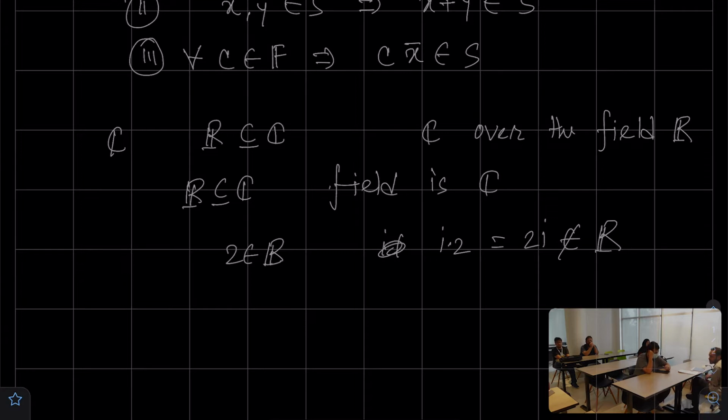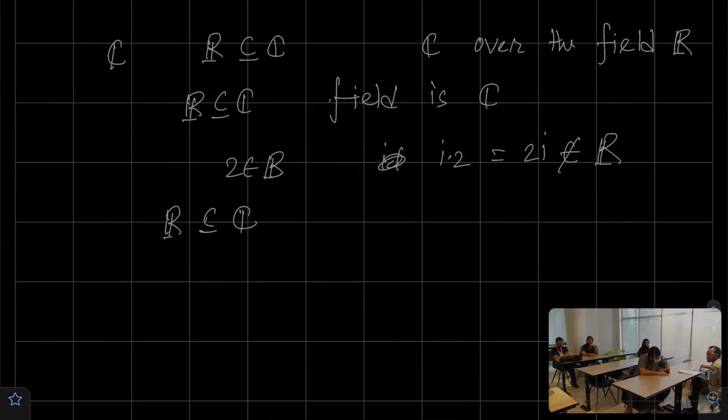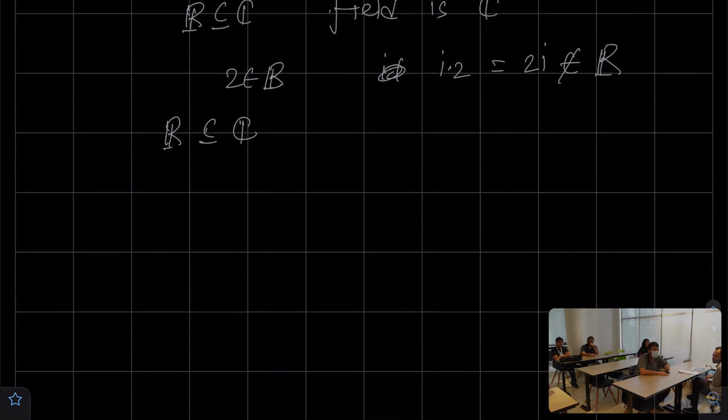So to consider R to be a subspace of the vector space C, you have to consider the field to be the real numbers. Then it is a subspace of the original vector space C. If you consider R, then it is a subspace, but if you consider C, it is not a subspace.